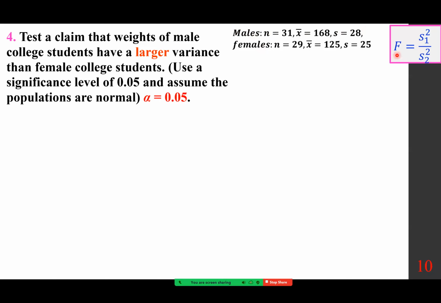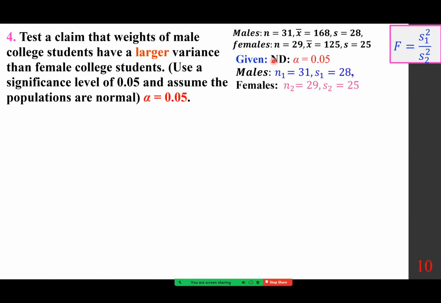You choose the groups so that the one with the larger S value is the first group, always. So, given normal distribution, males: N1 is 31, S1 is 28. We don't need the x bar that is given. Females: N2 is 29, S2 is 25. So we choose this one to be the first group. Notice the one that is given doesn't tell you which one is the first and which is the second. We choose it in this manner.